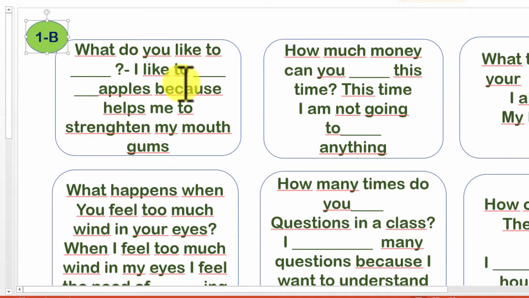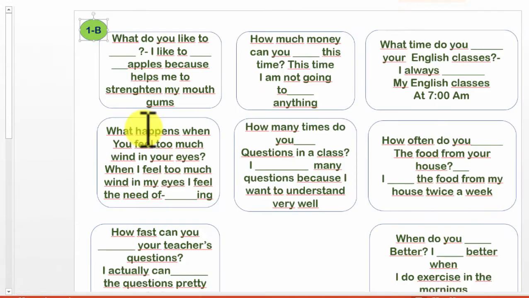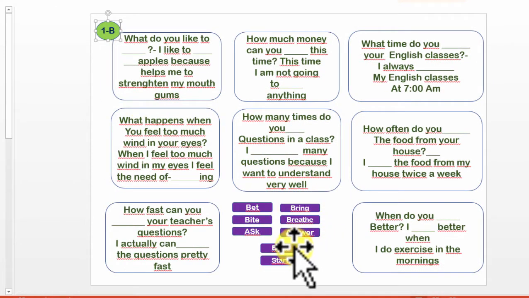What do you like to? I like to apples because helps me to strengthen my mouth gums. Entonces aquí va a ir la palabra bite, porque recuerden que bite es morder.